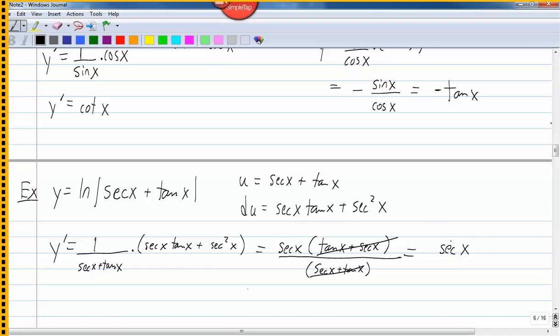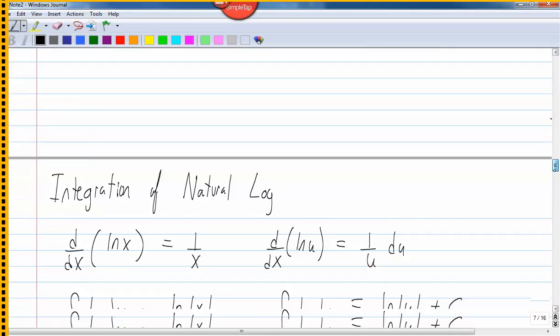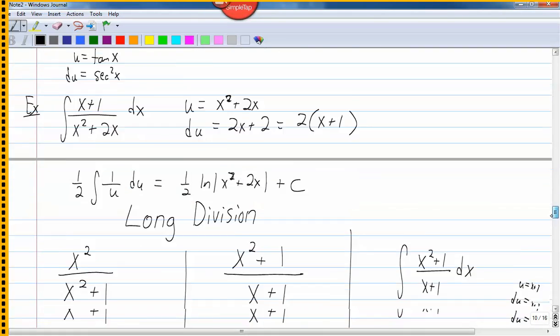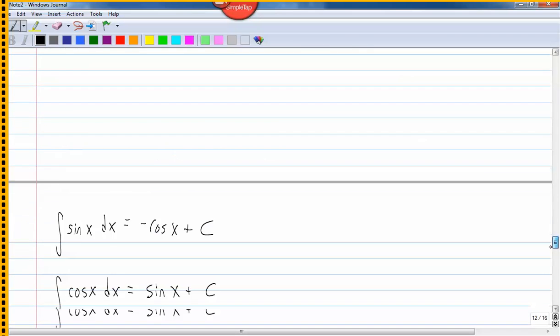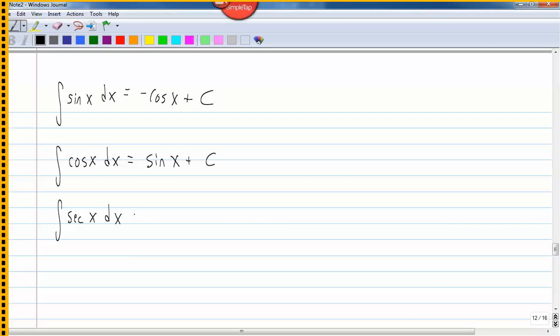So what that means is if I integrate secant, I get natural log of secant x plus tangent x. So that's one of those integrals that you need to know, you're going to use from now on in your calculus career. Natural log of secant of x plus tangent of x plus c.